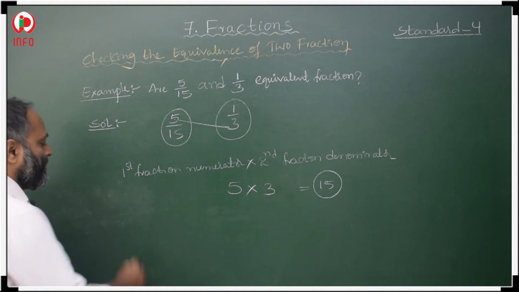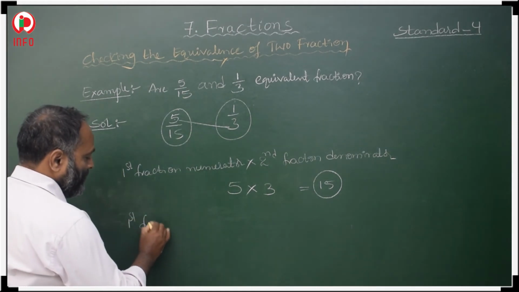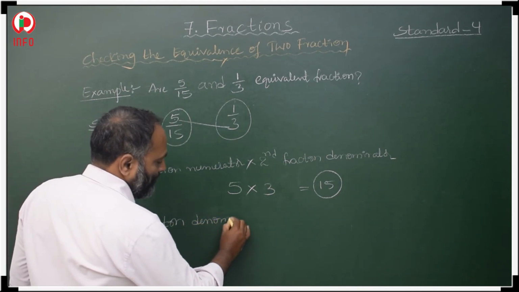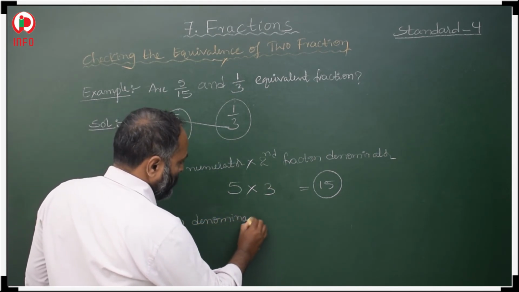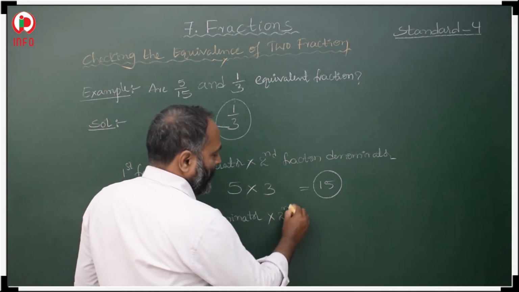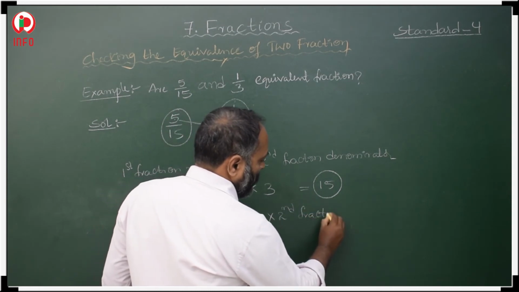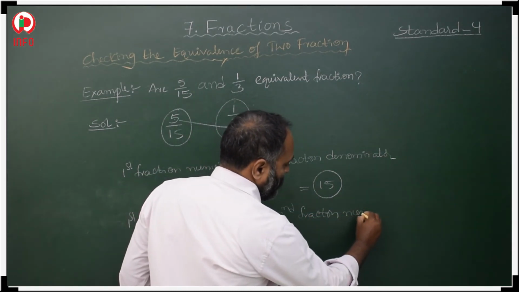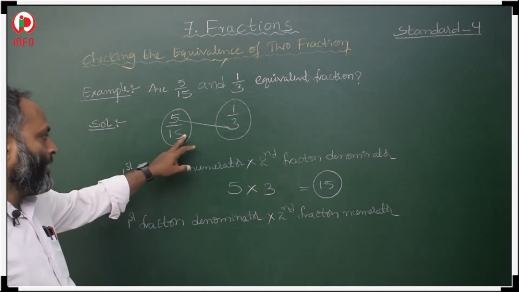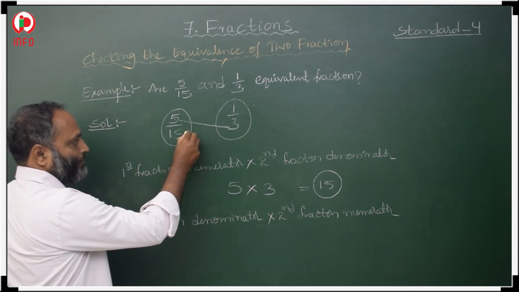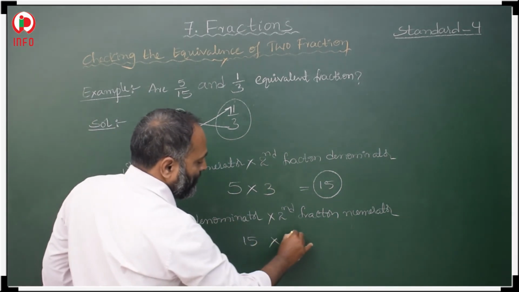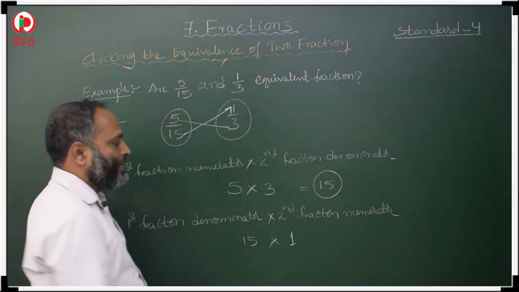In the second case, the first fraction's denominator is multiplied by the second fraction's numerator. The first fraction's denominator 15 is multiplied by the second fraction's numerator. 15 ones are 15.